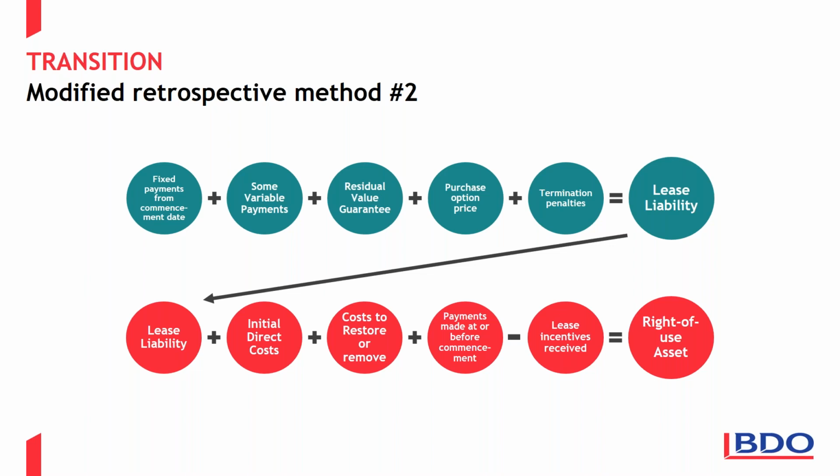We look at payments made at or before commencement date. We look at lease incentives received, and we come up with our right of use asset. So I think very important here is you have a lease liability at the date of initial application that's forward-looking. However, in order to get to the right of use asset, you have to go back in time and do a calculation for the right of use asset part retrospectively.